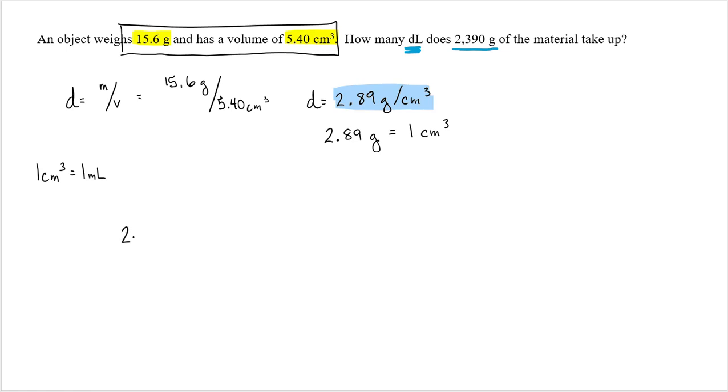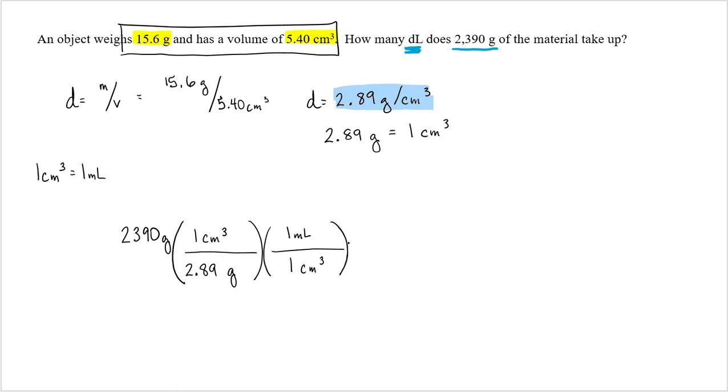So we have 2,390 grams of the material. We know that the density says that there's 2.89 grams in every 1 cubic centimeter. We know that every 1 cubic centimeter is equivalent to a milliliter. There's 1,000 milliliters in a liter. And every 1 liter is 10 deciliters.